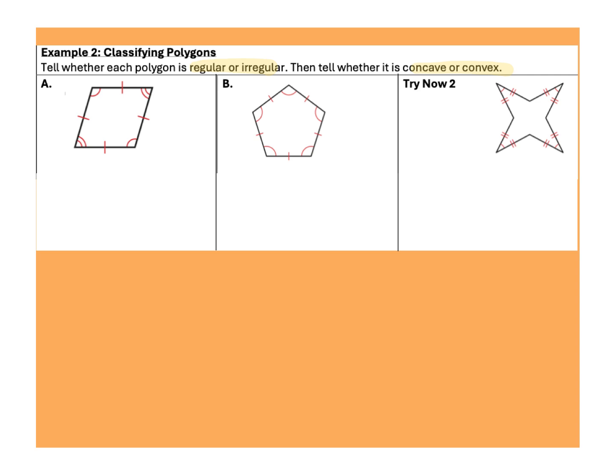Part B is a polygon, and it is regular. Here is why. We know it's regular because all the sides are congruent. See how they're all marked with 1 tick mark? We also have all the angles congruent. Each angle is marked with 1 arc mark. So this is a regular polygon, and then it's convex.